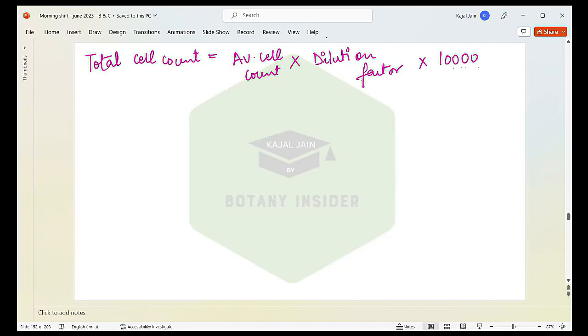Why did we multiply it by 10,000? I'll explain it to you. Wait. So your average cell count over here is 7.5. How do we calculate the dilution factor? Before going ahead with calculating the dilution factor, what do you mean by the term dilution, everyone? What do you mean by the word dilution?